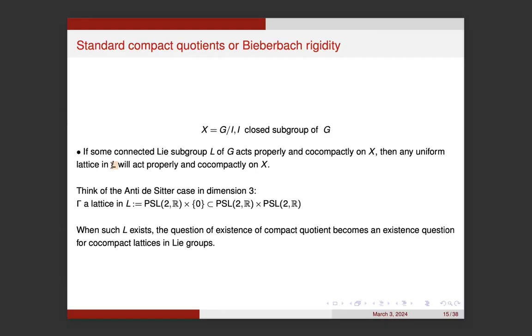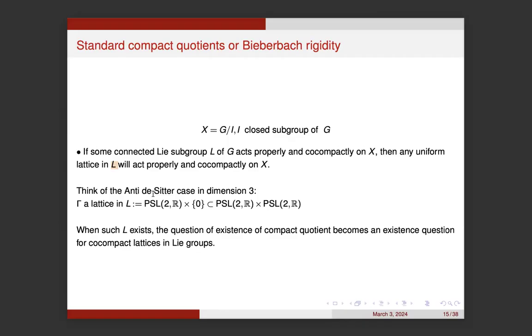So instead of looking at discrete groups acting properly, I will look at connected Lie groups acting properly. If I have a connected Lie group L inside J which acts properly, then any discrete subgroup will also act properly. And looking for connected Lie groups acting properly is an easier question than looking at discrete groups acting properly.